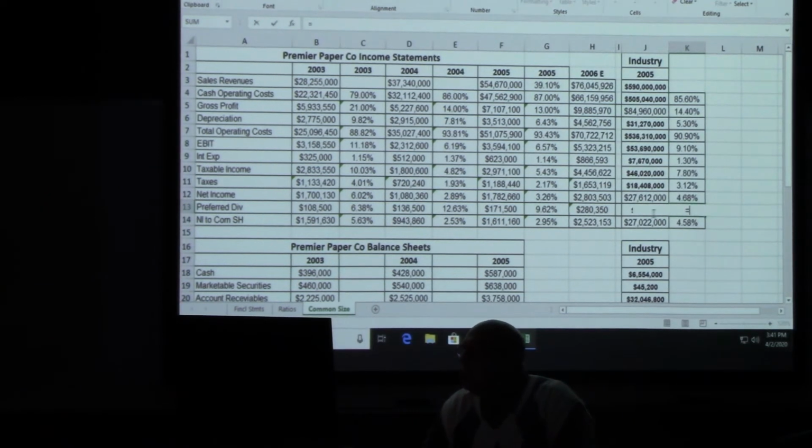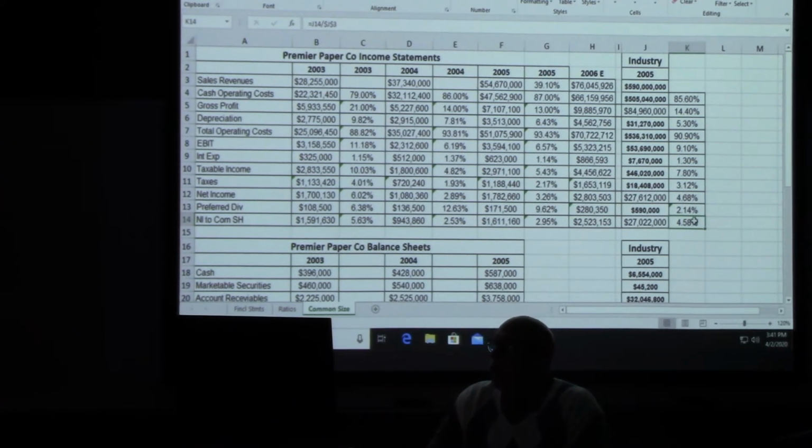And this is equal to J13 divided by J12. Here's the payout ratio.